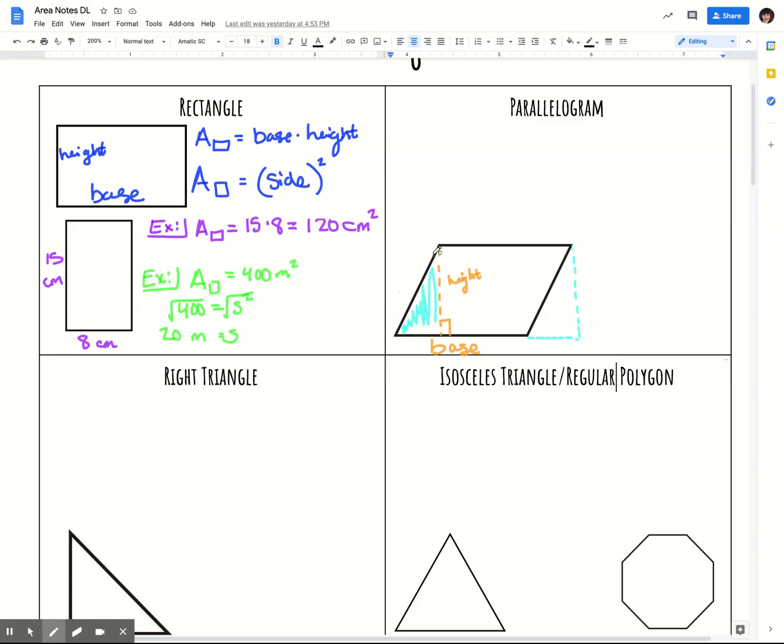If you cut off this excess triangle that you see over here on the left and move it over to the right hand side, you just have another rectangle where the base has stayed the same and you still have the height. So just like a rectangle, the area of a parallelogram is still base times height.